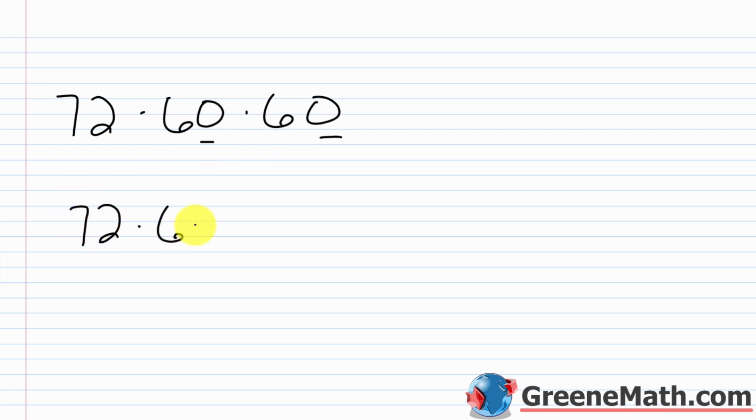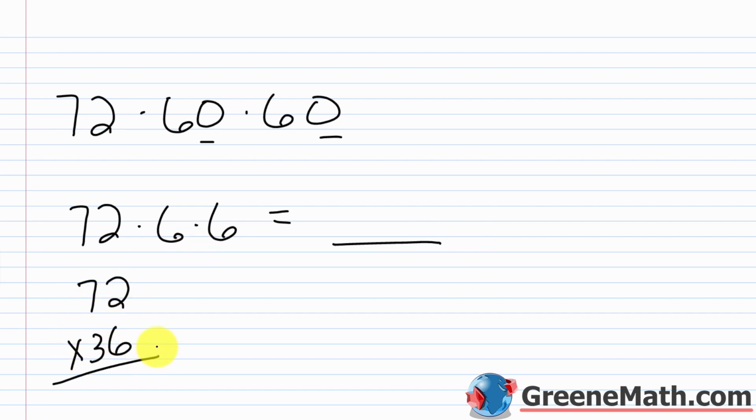I can save myself some time because if I have 72 times 60 times 60, there's 2 trailing zeros here, right? 1 there and 1 there. So what I can do is 72 times 6 times 6, and whatever I get, just attach 2 trailing zeros to the end of that. 6 times 6 is 36. So basically I just need to do 72 times 36, and then whatever I get, just attach 2 trailing zeros. So let's do that real fast.